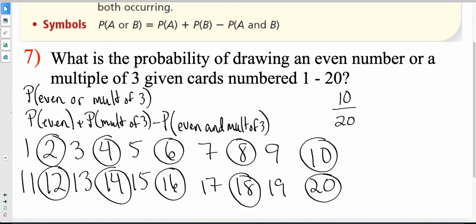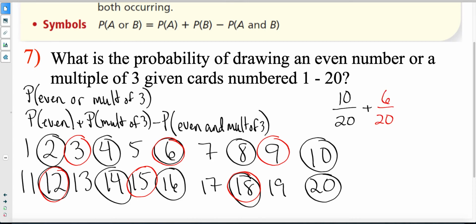Okay, and then we want to get the probability of a multiple of 3. So that would be 3, 6, 9, 12, 15, and 18. So the multiples of 3, we have 6 of them. So 6 out of 20.